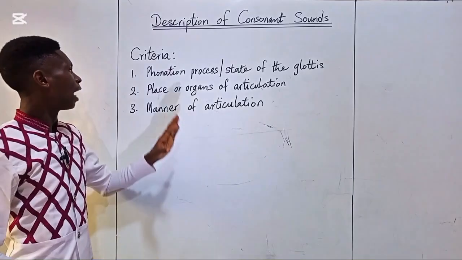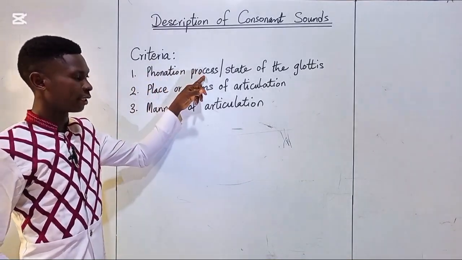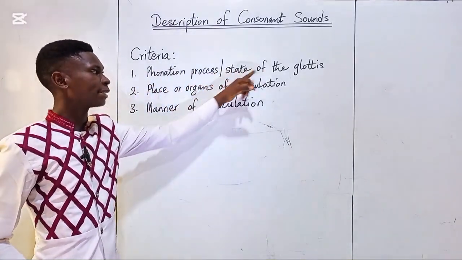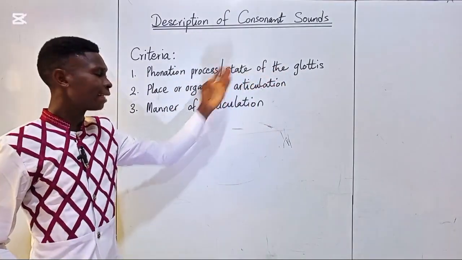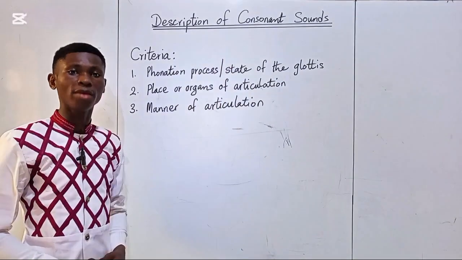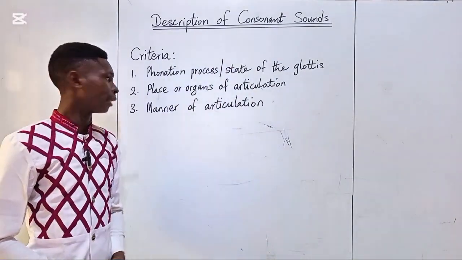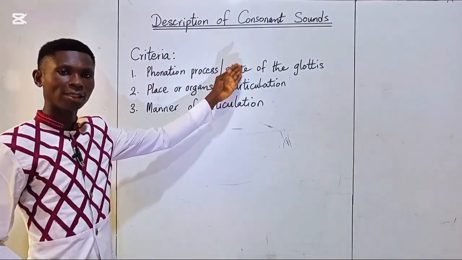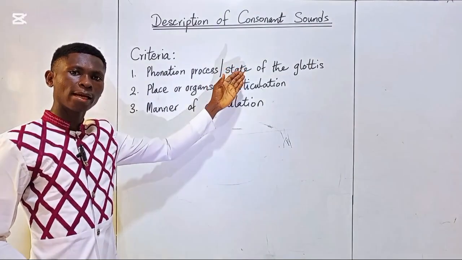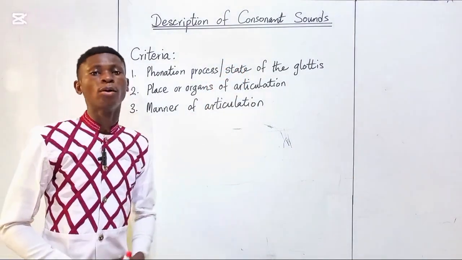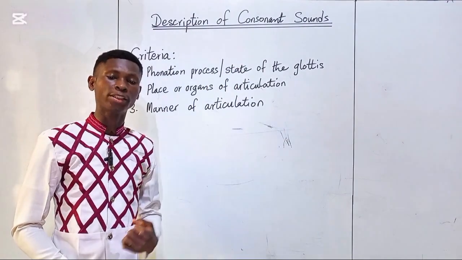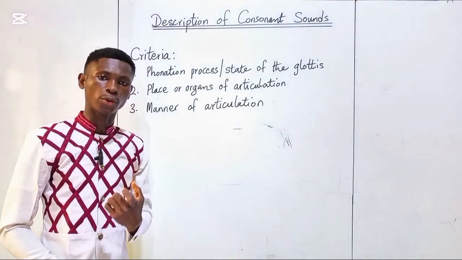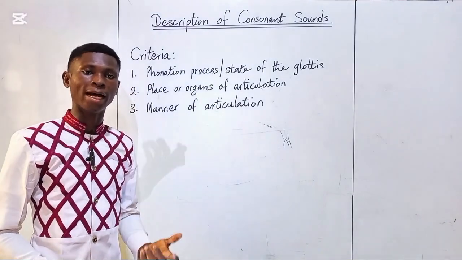That is what I mean by phonation process or state of the glottis. State in this context means condition, right? So this is where we acknowledge whether a sound is articulated or produced with a vibration in the throat or without vibration.